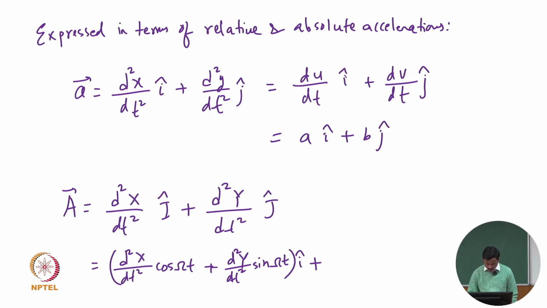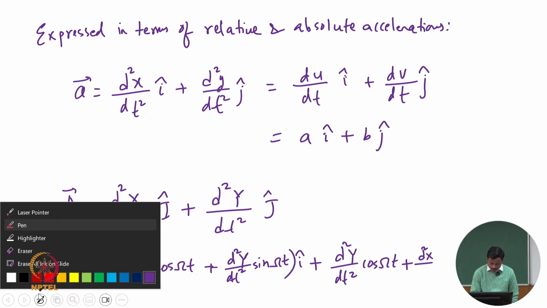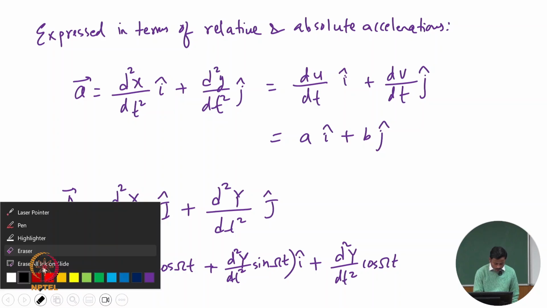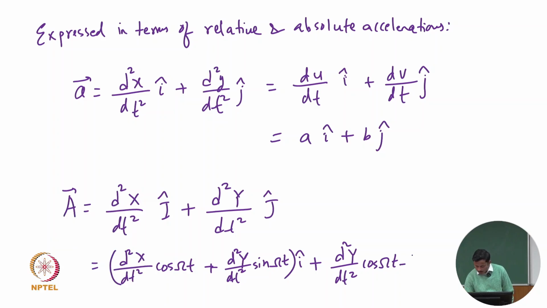So this is what we have substituted, and the next term is d squared capital Y by dt squared cos omega t minus d squared capital X by dt squared sin omega t, j cap.